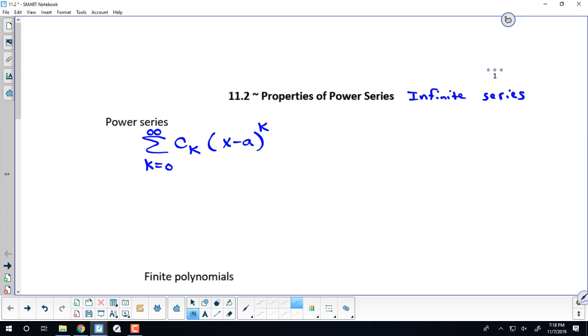And the c sub k's are the coefficients for the power series. The coefficients c sub k in a power series are usually random, meaning it's not easy or doable at all to come up with a particular pattern for the coefficients.